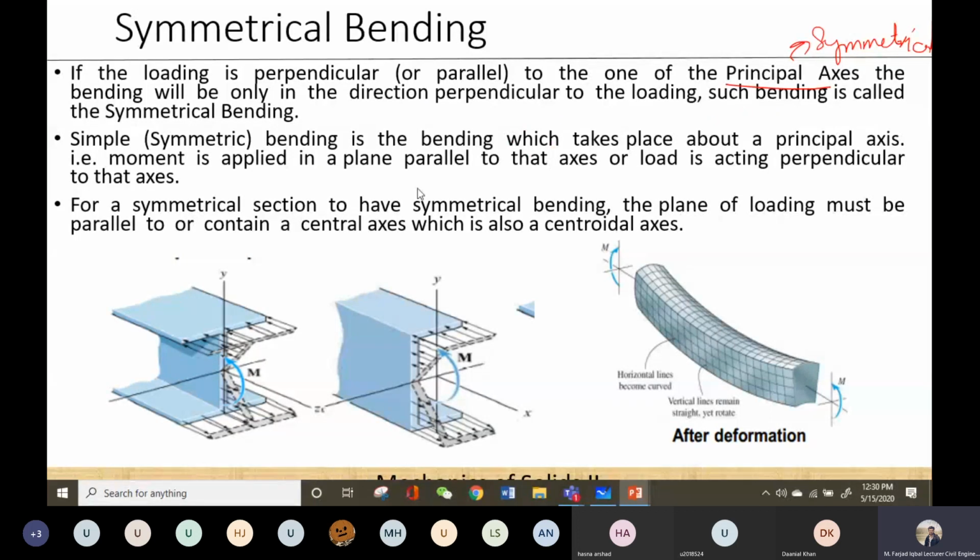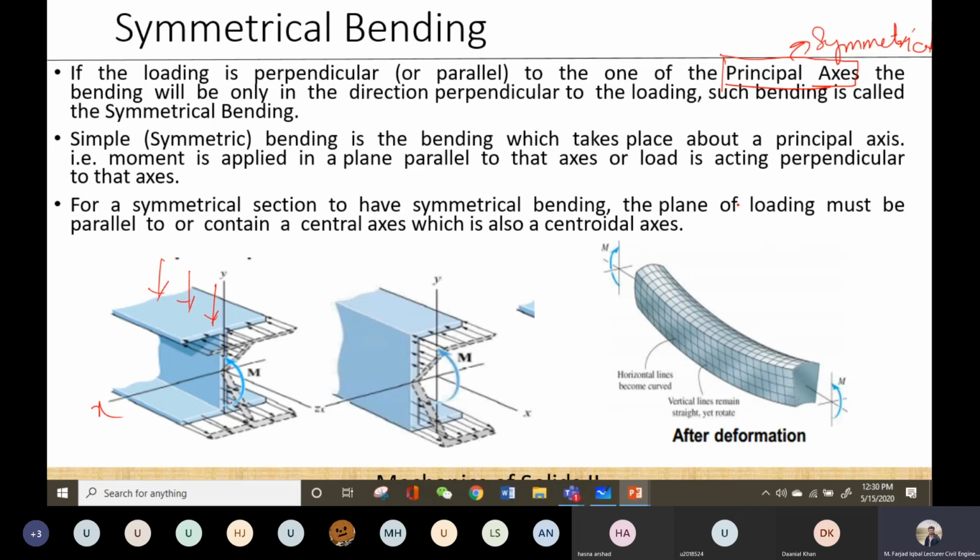Such bending is called symmetrical bending. For example, consider this I section, and when the load is applied in this direction, the bending is taking place around this x-axis, and this type of bending is called symmetrical bending. But the important point is that the loading should be acting parallel to or perpendicular to the principal axis.